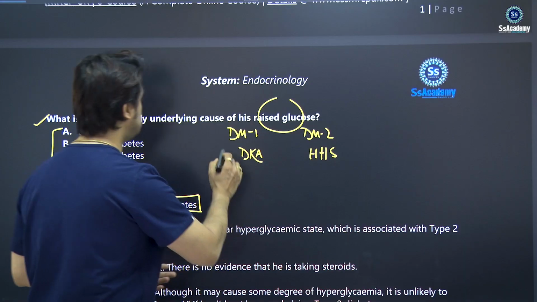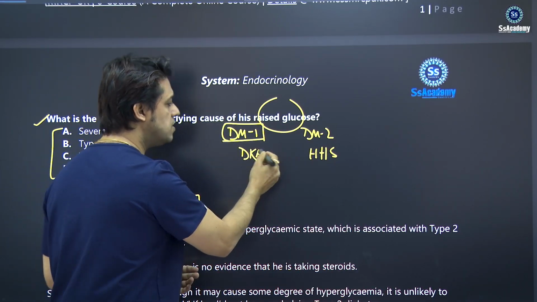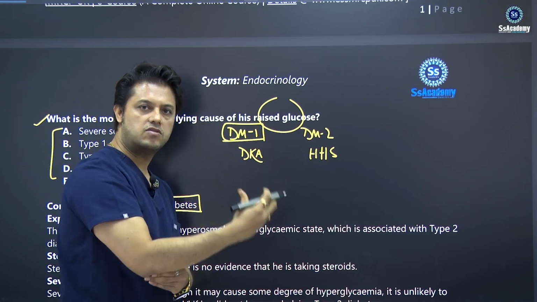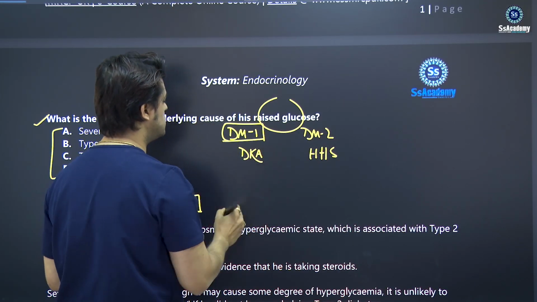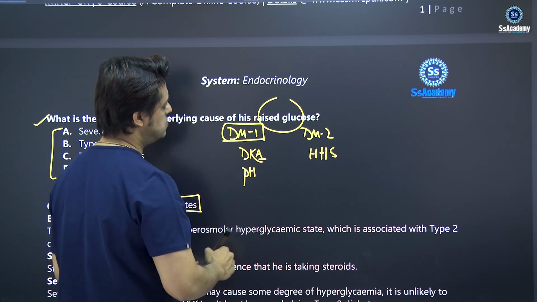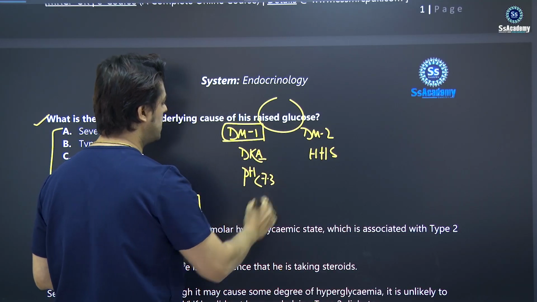Similarly, type 1 diabetes is nothing but diabetic ketoacidosis. Acidosis, the last word, is the main component of this disease. Acidosis means the pH criteria should be fulfilled, that is, less than 7.3.